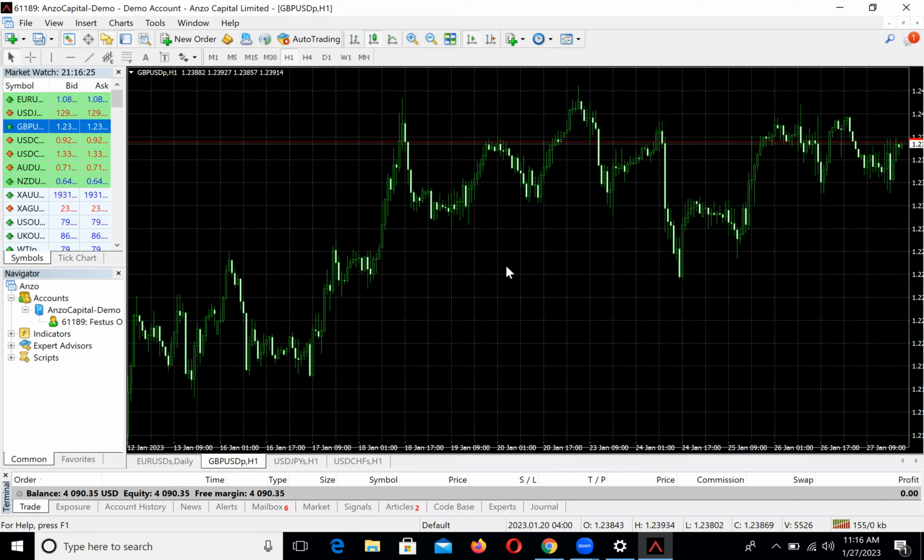So basically, there is a lot of information here on this place that you can use. If you look at the left hand side of my screen, you see different currency pairs here. Take profit.